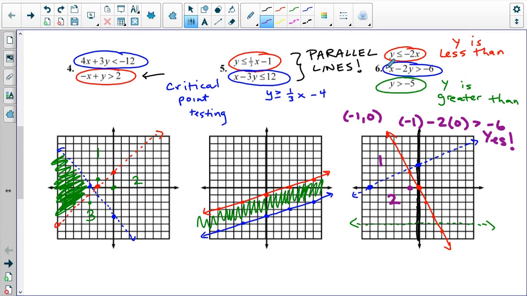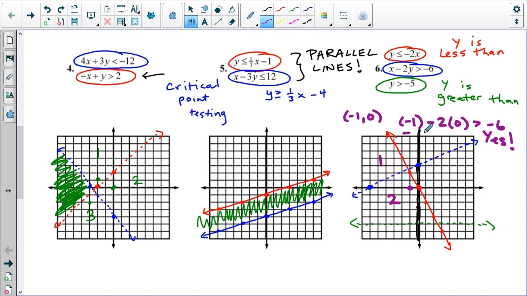If we look at problem 6, I graphed each of these 3 lines. I noticed that the 2 have y isolated by itself. Y is less than the red line, greater than the green dotted line. So that means we're really down to 2 regions, just region 1 and region 2. I checked region 2 because it has a 0 value, so that's really easy to plug in.